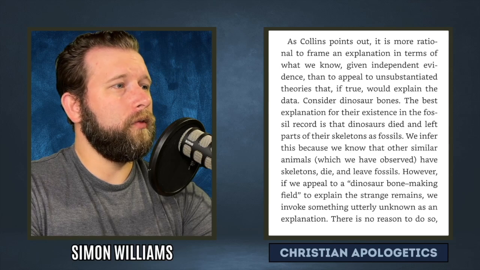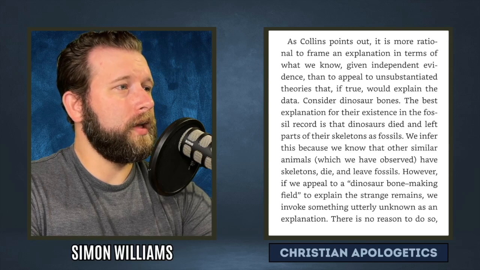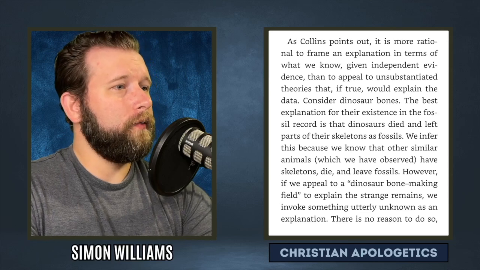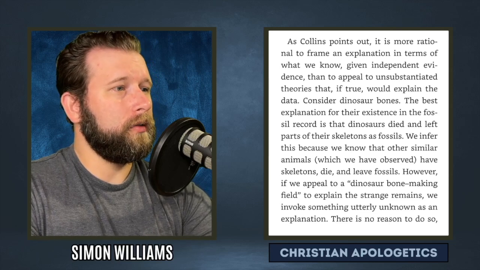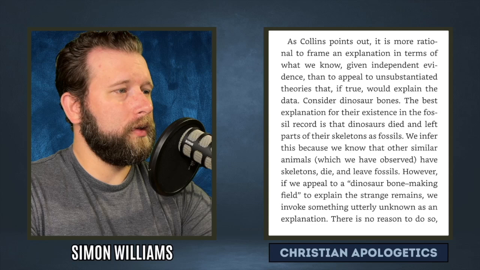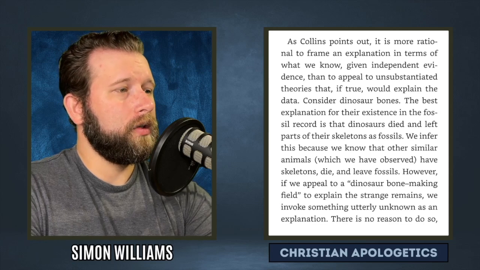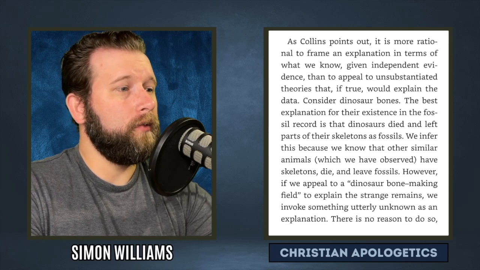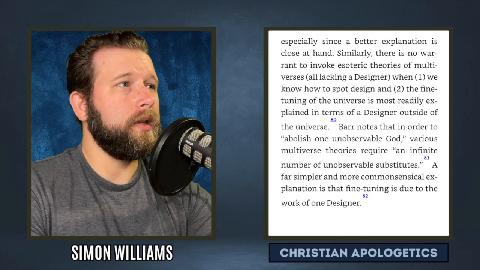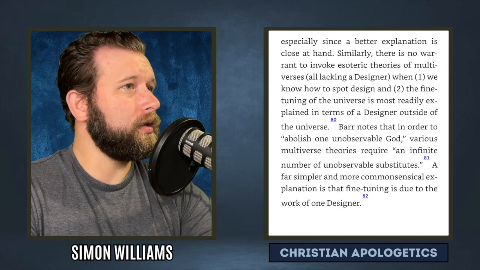The best explanation for their existence in the fossil record is that dinosaurs died and left parts of their skeletons as fossils. We infer this because we know that other similar animals, which we have observed, have skeletons, die, and leave fossils. However, if we appeal to a dinosaur bone-making field to explain the strange remains, we invoke something utterly unknown as an explanation. There is no reason to do so, especially since a better explanation is close at hand.